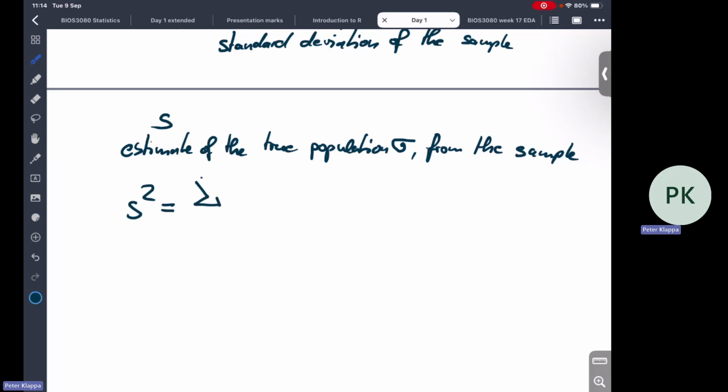And what we do for the variance is we take each observation. Now, we can't take mu because we don't know mu, but we use x bar, our sample mean. We square it.